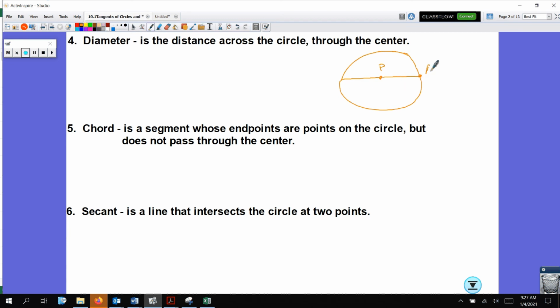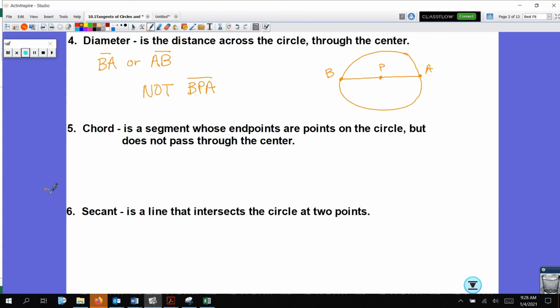Here is A, here is B. When naming a diameter, we only use the points on the outside of the circle. So I could say the diameter is segment BA or segment AB. It doesn't matter which way I go.